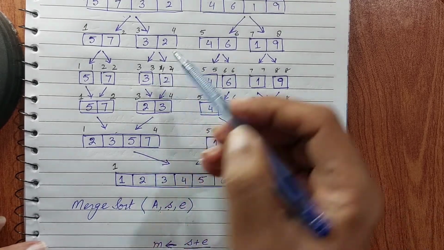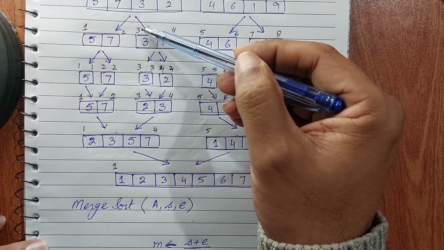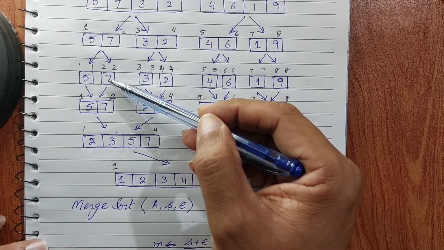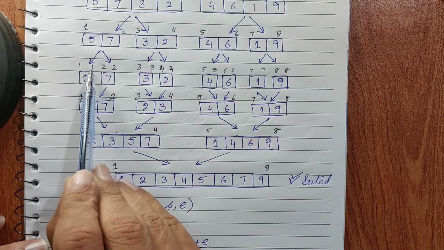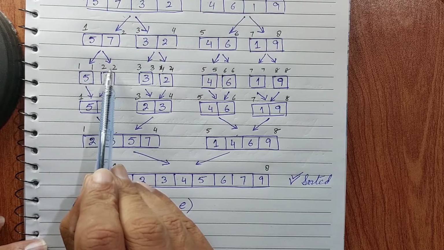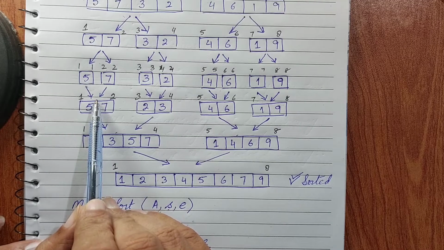If you see here, we were dividing, and then we stopped dividing when we found that the starting index and the ending index are the same. Then we continue towards the merge operation, the combining operation.